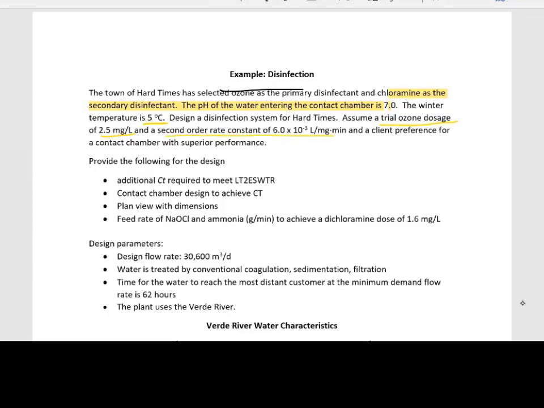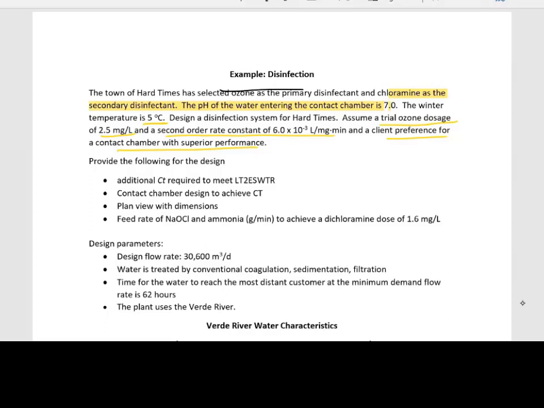You're given a second order rate constant that was provided based on laboratory testing. And we have a client that would like a contact chamber with superior performance. That means it's close to plug flow. And what you're asked to do is to determine the CT requirements according to the long-term to extended surface water treatment rule.